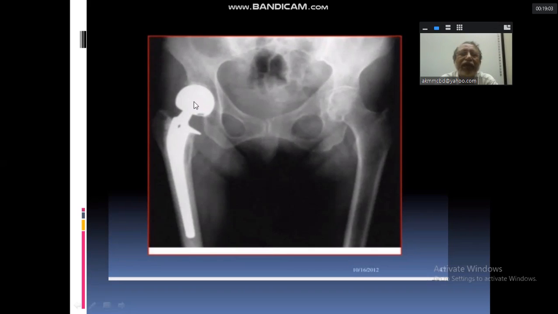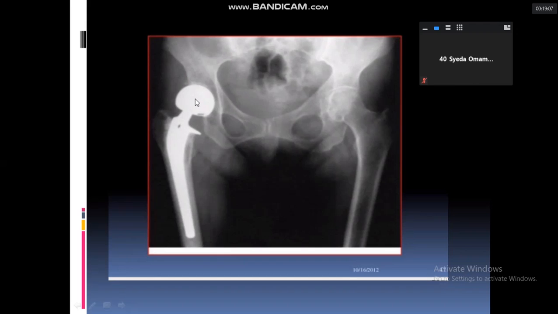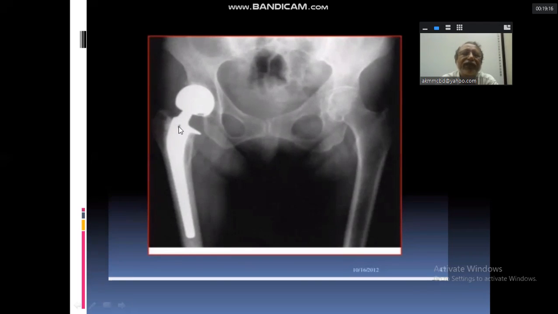And we have two types of prosthesis for this purpose. It is a bipolar prosthesis, and there is another type, unipolar. Unipolar is a single piece of metallic prosthesis, head and neck together up to the shaft.